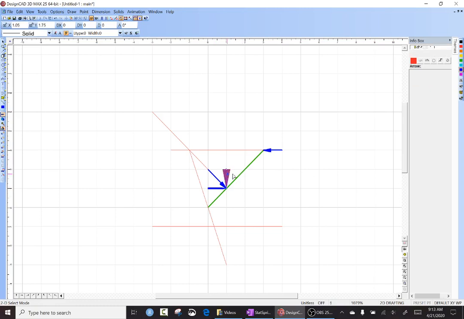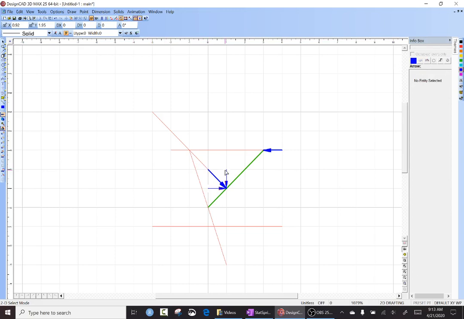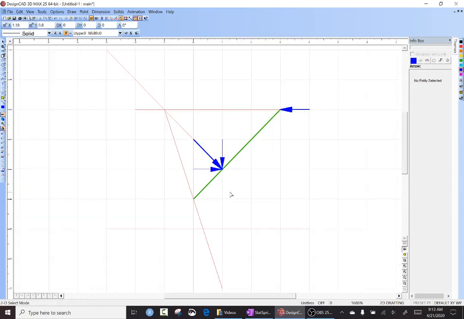Now, it looks ugly, but I can change the arrow size to 0.4. I can change this arrow size to 0.4. So in other words, the components of this vector is one to the right and one to the left. I'm sorry, one to the right and one down.